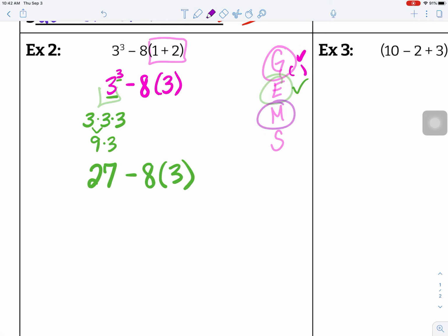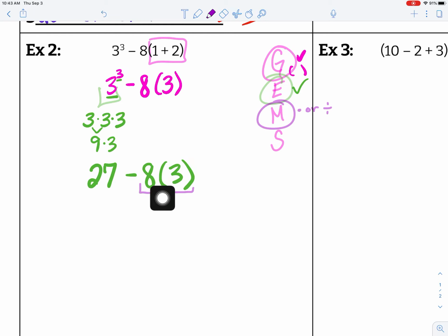Now, when I'm looking for my multiplication or division, remember I'm looking from left to right. So I see a 27, I see a minus sign, and then I see this. So one super important fact about mathematics is if you see a number or a letter or anything sitting directly next to a parentheses, right?